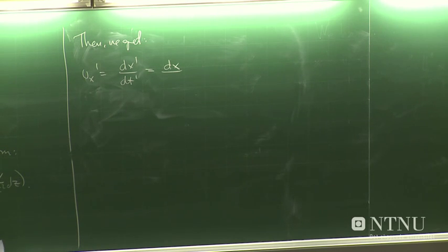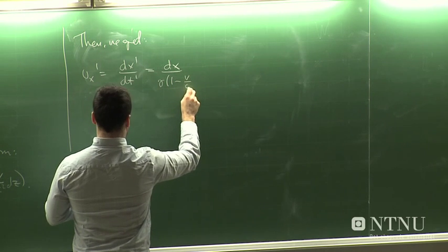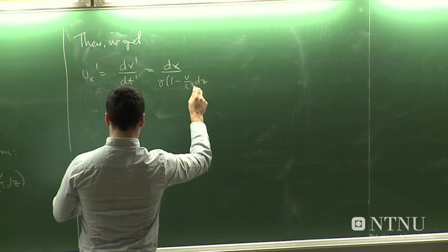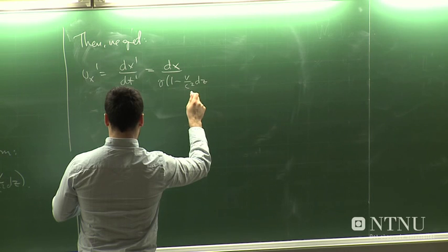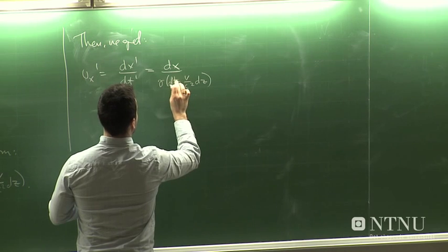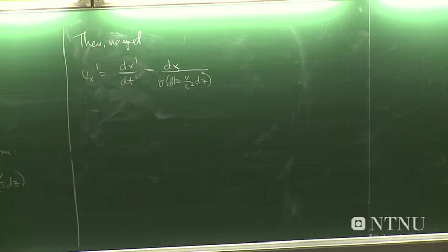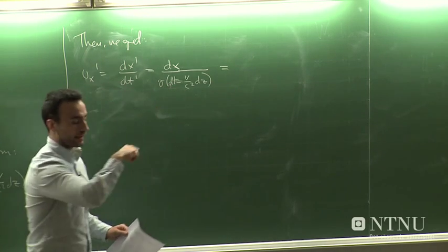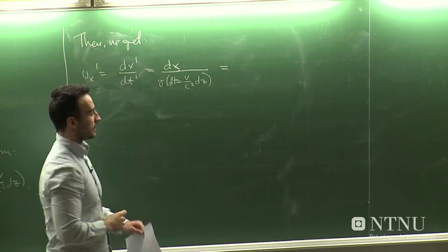Nothing new there, but now time is perceived differently. Should be a dt here, shouldn't it? Like this. So let me now divide both the upper and lower factor here by dt.